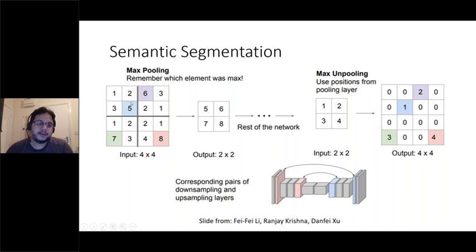For example, here we went here, and then we want to reverse. So we remember the equivalent part of it, that 5 was the maximum. So we put the 1 here, in here, and we put everything at 0. It's like we keep track of where the maximum was. Same for this and this, and same for this and this.